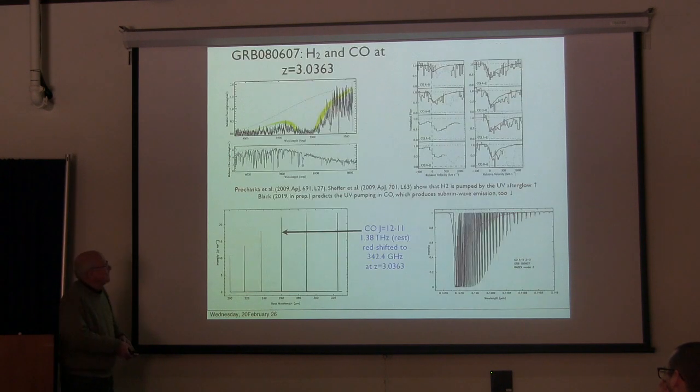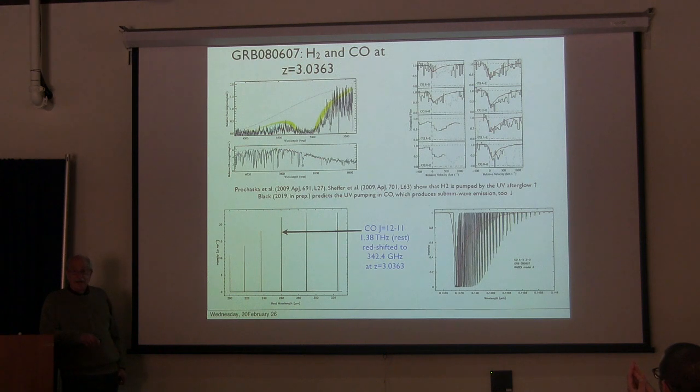Anyway, so I've been interested in trying to look for molecules at high redshift for a long time. One other more recent development is that there are gamma ray bursts in distant galaxies that produce afterglows, and they really disturb the interstellar medium of the host galaxy in which the explosion goes off.